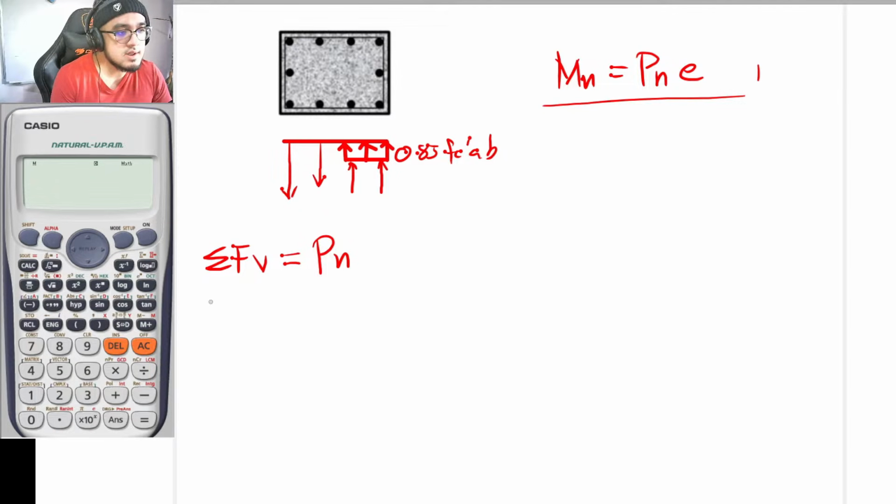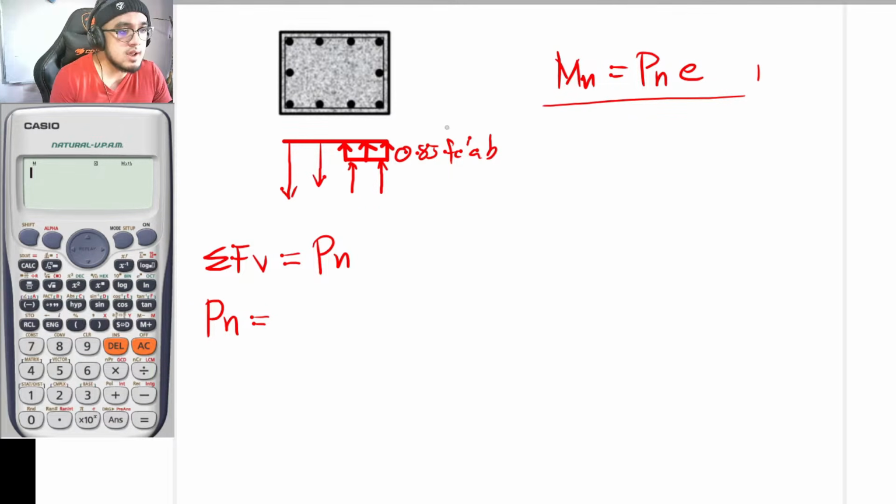So with that, guys, considering this, for example, your Pn is now to be equal to, let's say that the forces going up is to be positive and the forces going down is to be negative.